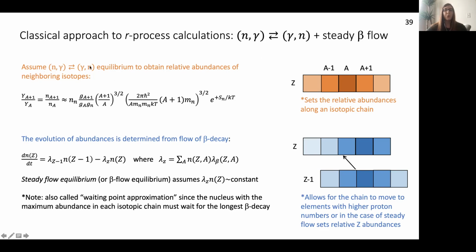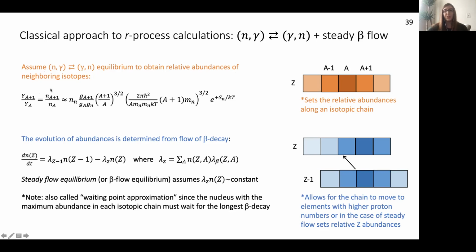Okay. So when you do assume an (n,γ)⇌(γ,n) equilibrium, you're just going to apply your Saha equation. And I've written this out more explicitly. So this is going to give you your abundance of neighboring isotopes.